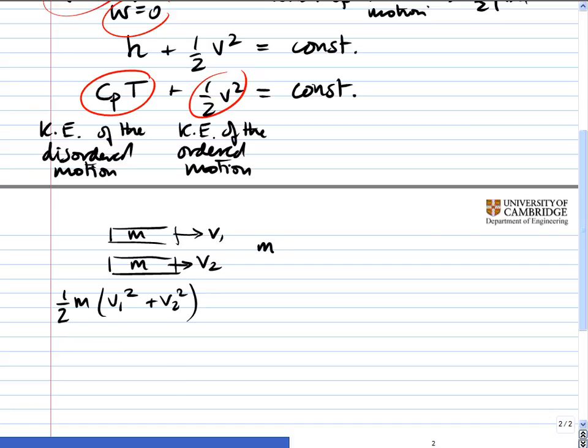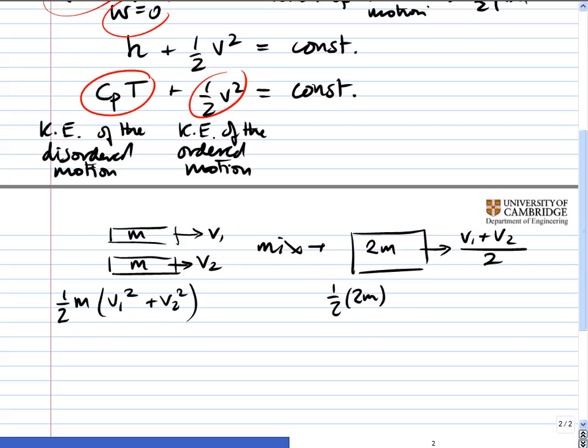Now imagine that they mix, and that at the end you've got one quantity of mass 2m with a velocity of v1 plus v2 over 2. So the kinetic energy of ordered motion here is a half times 2m times v1 plus v2 over 2, squared, which is over 4.